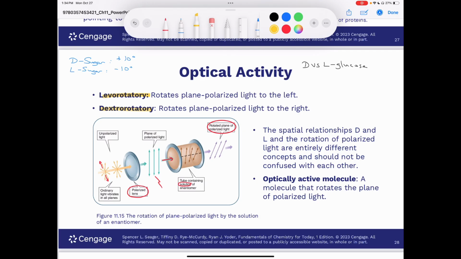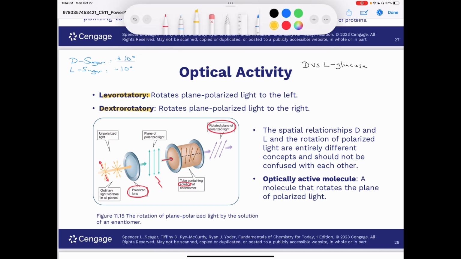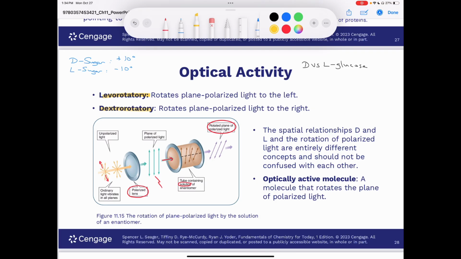Now, one leap that students, and maybe any scientist, might want to take is to think, oh, D and L sugars, D for dextrorotatory, L for levorotatory. However, the D and L designations for the sugar name have nothing to do with how the molecule rotates plane polarized light. I repeat, they are not related whatsoever.